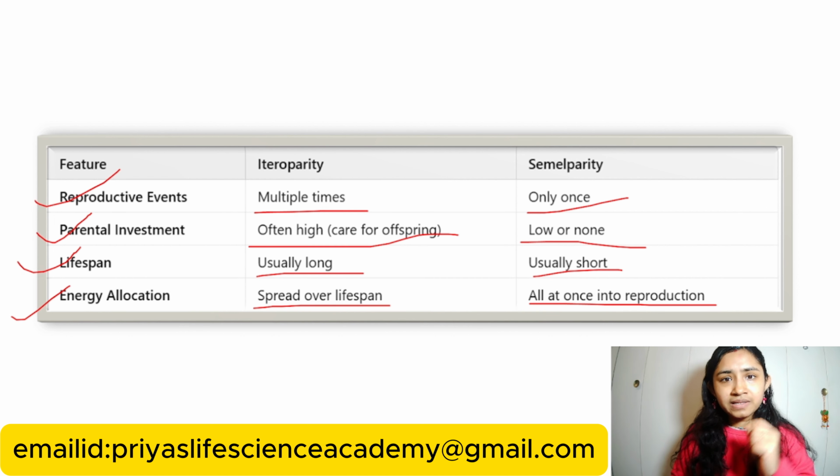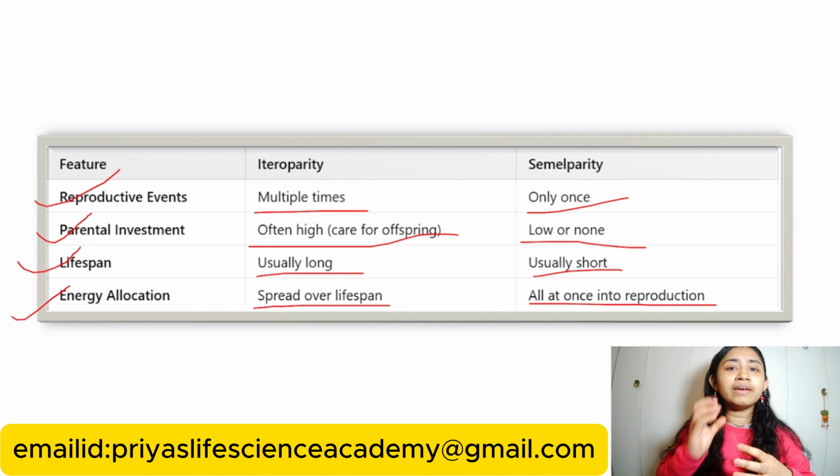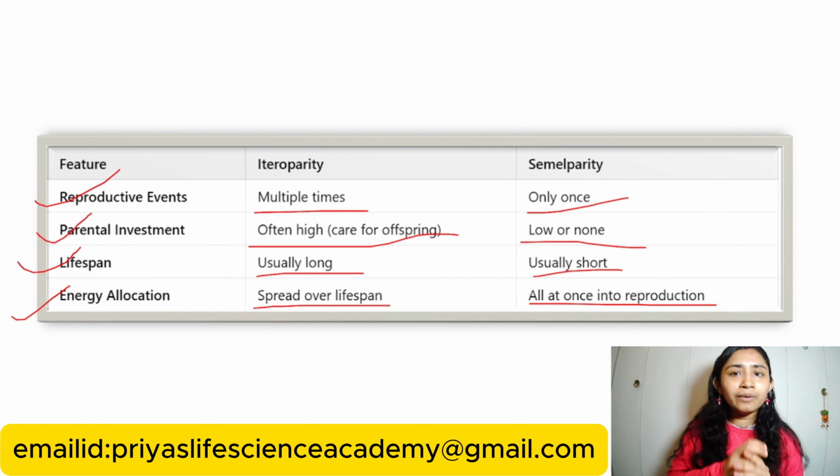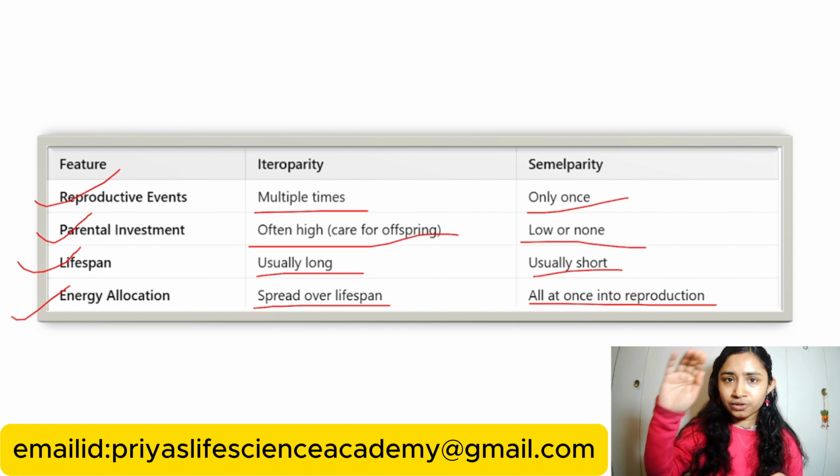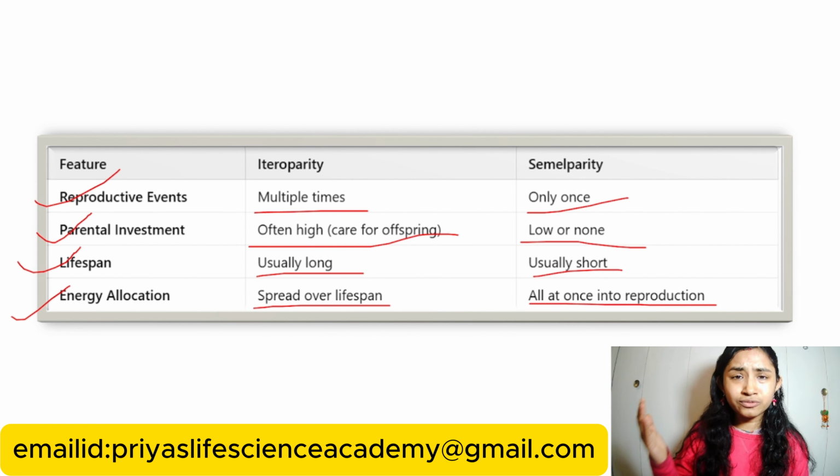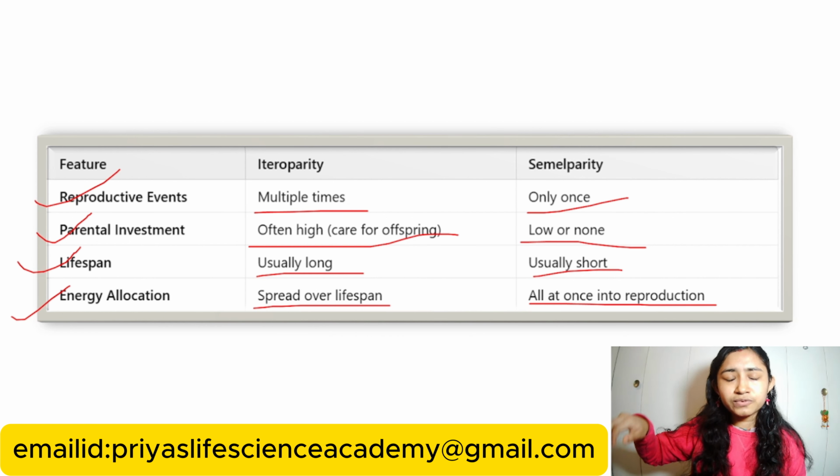And Iteroparity is the type 1 curve. Like for us humans, as we get parental care, our chances of survival in the young are very high, then it's low due to illness, etc. So that fits into the type 1 curve. So these are all included in population ecology.